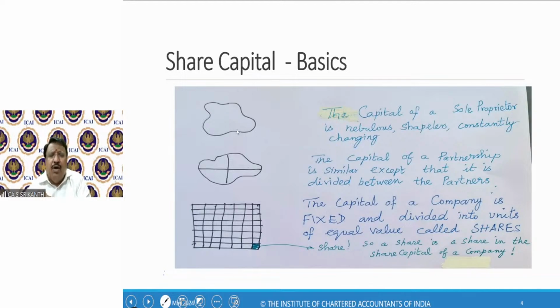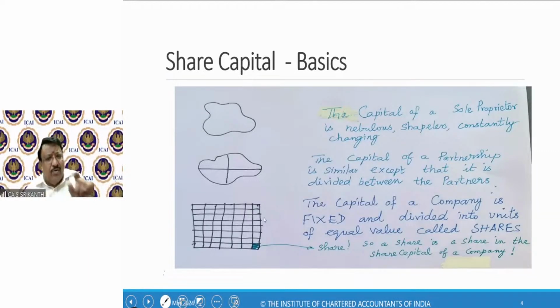Whereas the minute you come to a company, the company's share capital is divided into fixed units. You can see the formation here. It's like a grid with vertical and horizontal lines, and each small square is a share. The face value of the share is fixed. So we have a company with 5 lakh shares of rupees 10 each, so 50 lakhs.